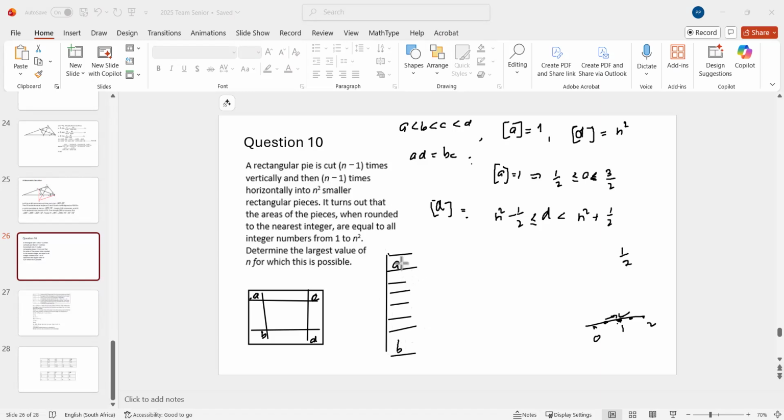And A, we said this is increasing. So at the worst stage, the round-offs are going to be the round-off of these squares. Round-off here is 1. You can have 2, 3, 4, and here is n minus 1. The reason why I'm doing that is that I know that A is less than B and these are increasing. So when you really squeeze them together, you'll get to this.